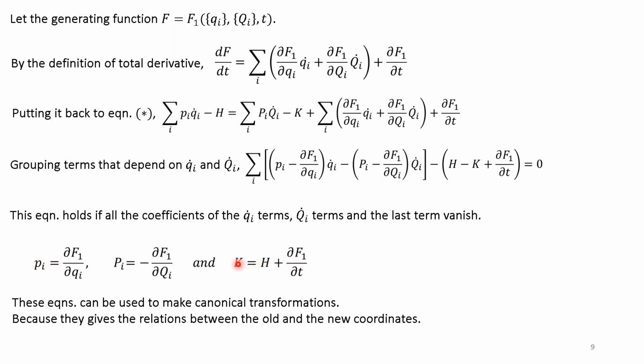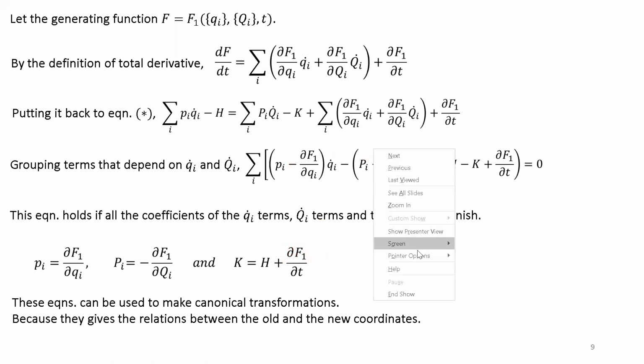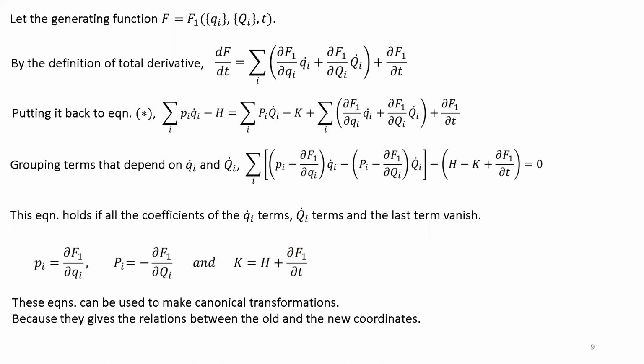Finally, this new Hamiltonian K is equal to this old Hamiltonian H plus this. But as you see in our example, I'm not going to consider the case where the generating function contains t explicitly, so you can just forget about this for now.